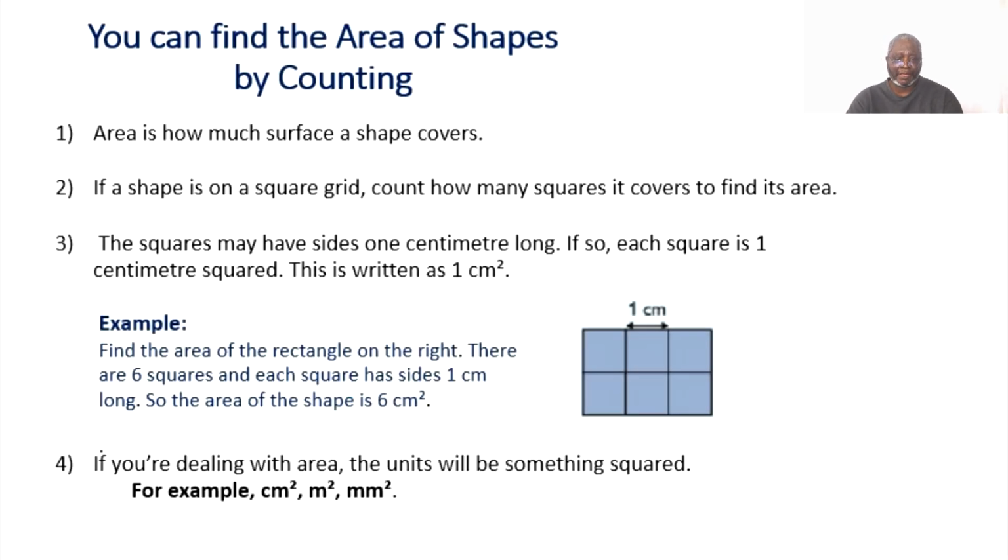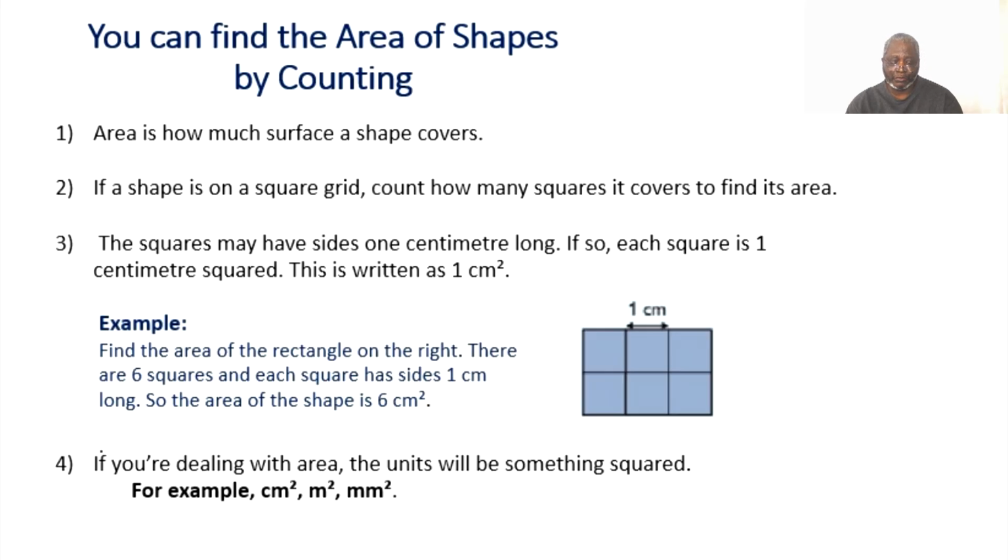You can find the area of shapes by counting. If you look at the diagram here in the example, you have a rectangular shape with squares, and they are 1 centimeter all around. So the area of this block is 1 centimeter squared. Note, I said 1 centimeter squared.